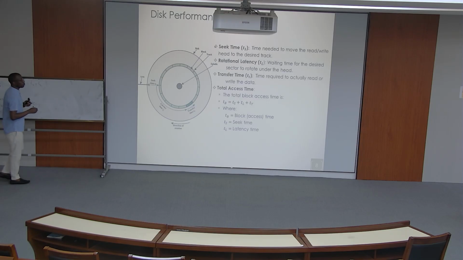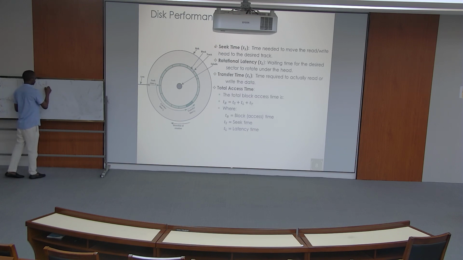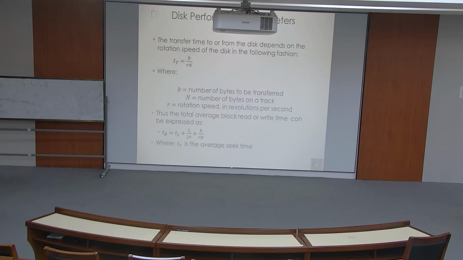Then the next parameter to add is the transfer time, TT, which is the time the disk requires to read or write the data. So this is how we can find the total block access time.